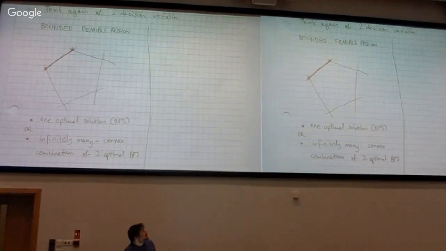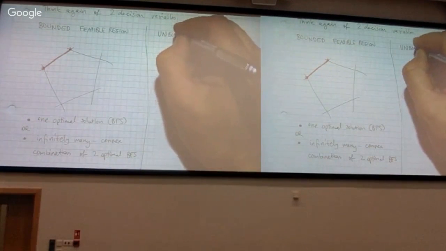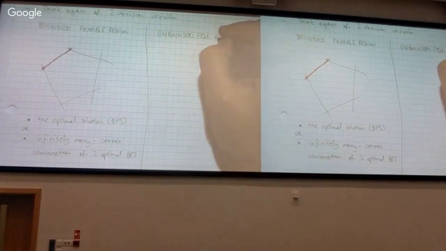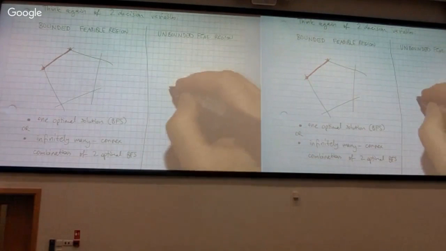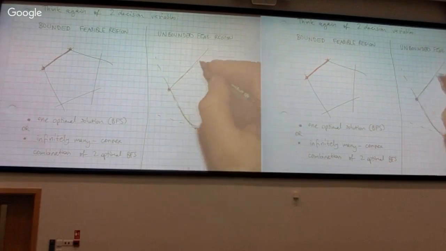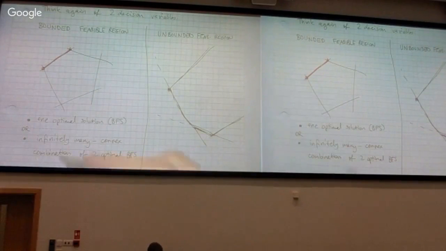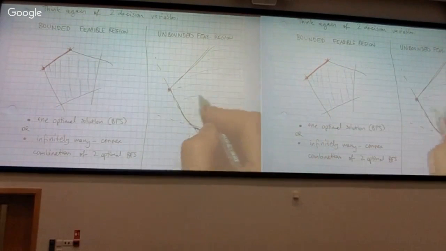But you could also have an LP that has an unbounded feasible region. The feasible region could look something like this. This green area is unbounded, so going to infinity.